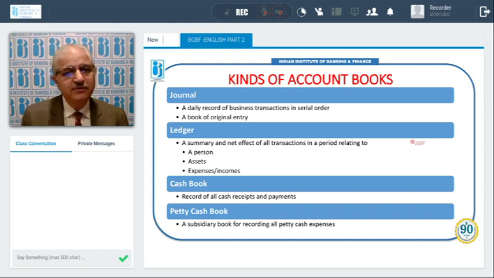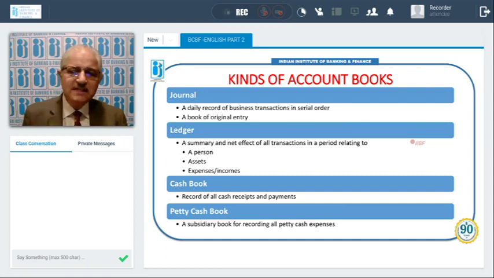It can have accounts of persons, assets, expenses, incomes, like we discussed in the first slide: real accounts, nominal accounts, and personal accounts. Real and nominal are basically called impersonal accounts. Personal accounts would be named accounts of persons.